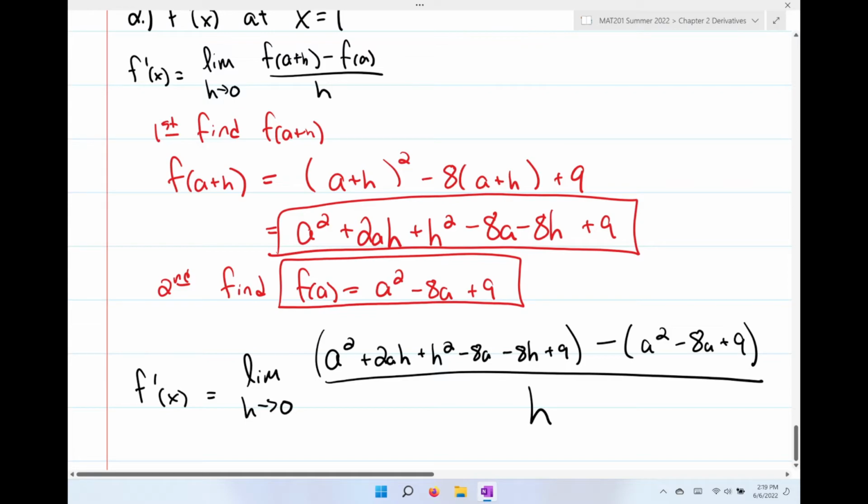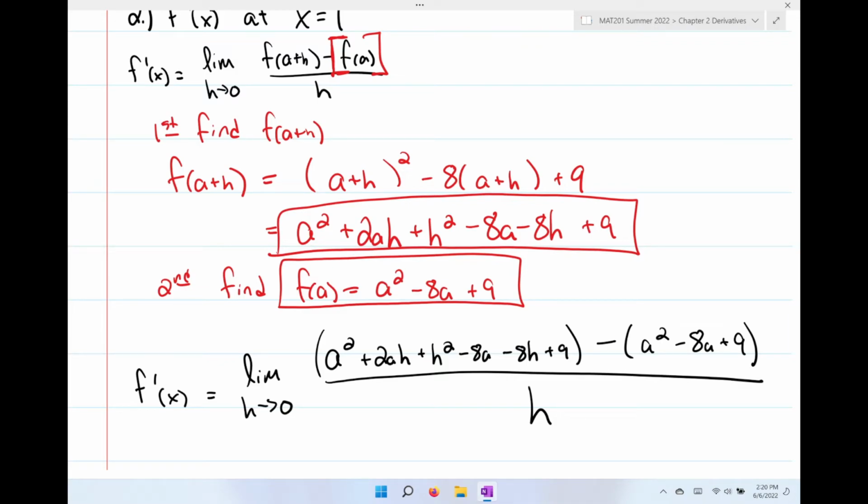Now, before I go any further, I need to stress this, okay? In the top left-hand side of your screen, always put the f of a in parentheses or brackets, because if you have a function, you're going to be subtracting that entire function away.